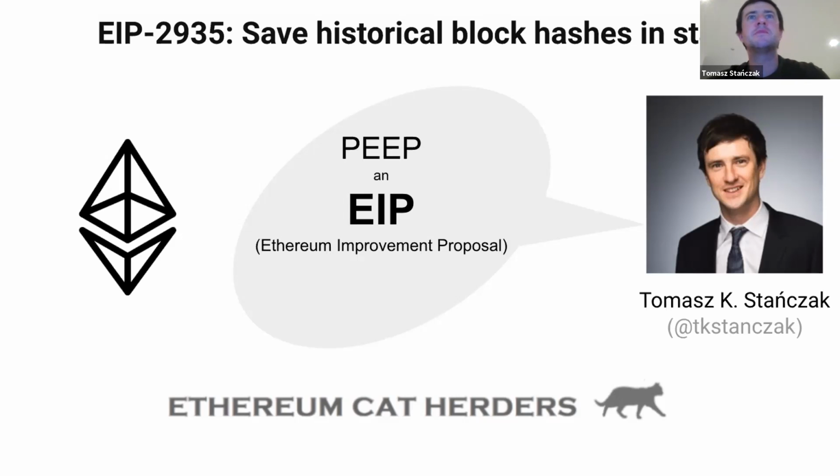So as you see the name, save historical block hashes in state. As you know, we currently have an opcode called BLOCKHASH, which allows the virtual machine to query any block hash up to 256 blocks before.